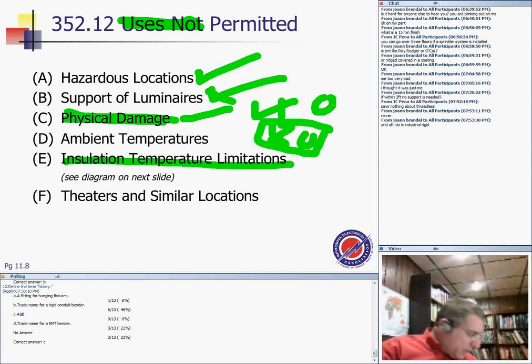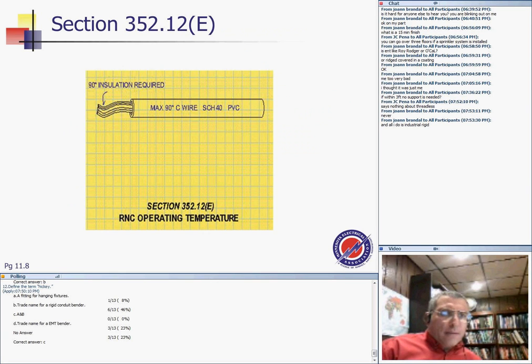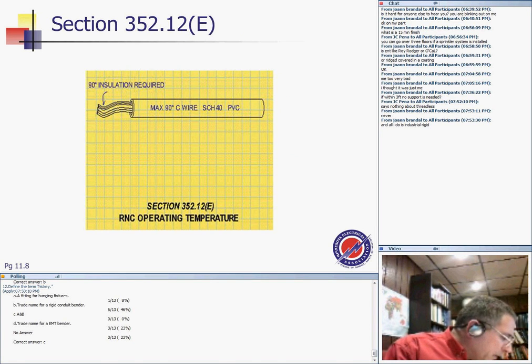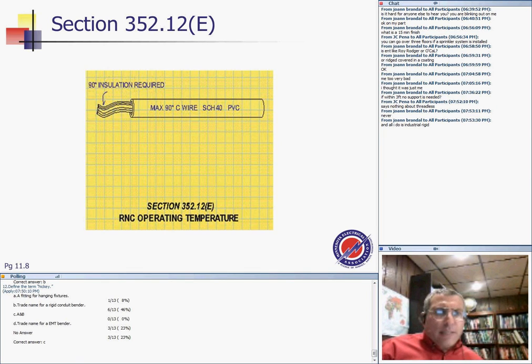Insulation temperature limitation. Guys, we're subject to ambient temperature of more than 22, and similar locations. As you can see, they don't want you to spread the fire. A couple of things, guys. Insulation temperature limitation for cables operating. This particular one changed.